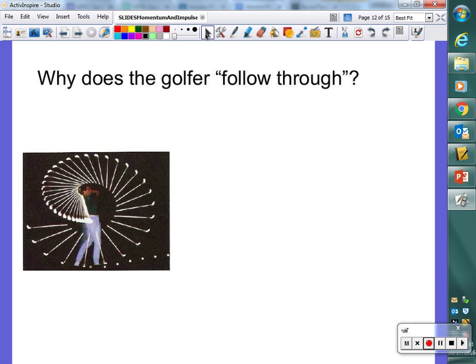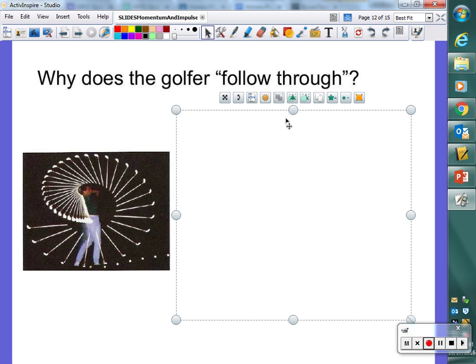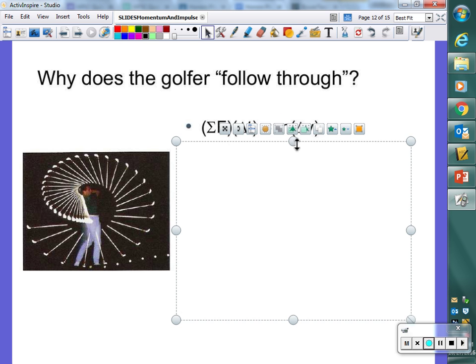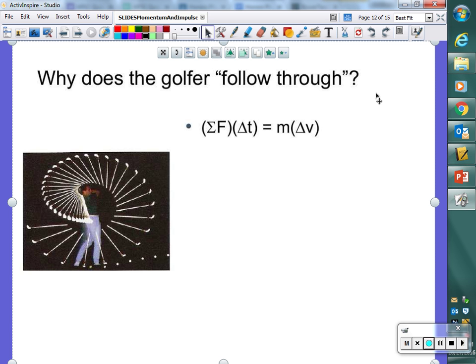So, if we take a look here at this equation again, in the case of hitting this golf ball, what do we usually want to do with delta V?